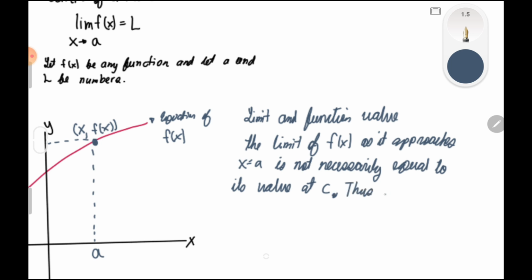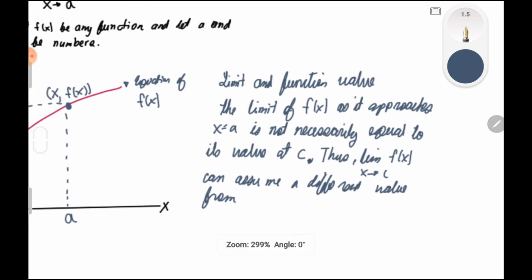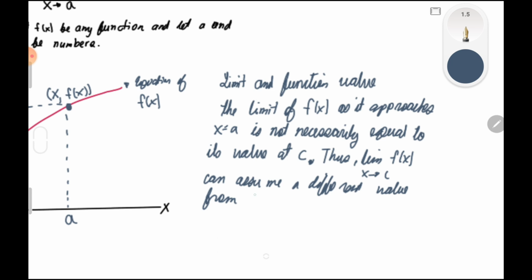So therefore, the best thing to do there is to substitute a value that is near to the point a, wherein x is approximately equal to a but not equal to a. If you use that definition of limit, therefore we can get a value that is approximately equal to that value of the limit.